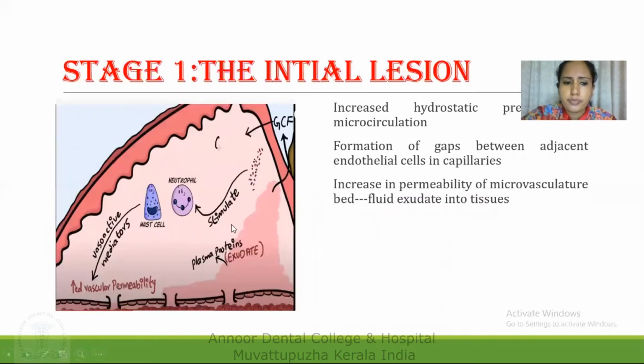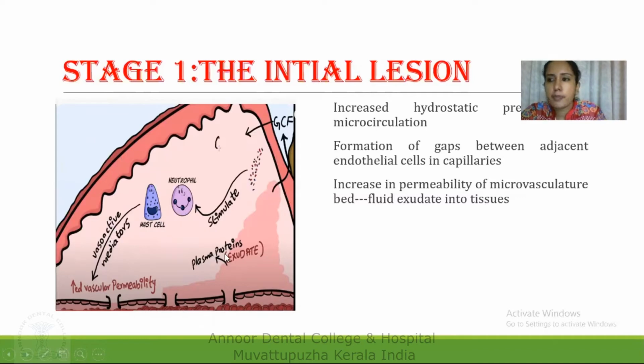Now, the vasoactive mediators, along with the vasodilatation that they cause, also increase the vascular permeability. See this picture, students. There is an increase in the vascular permeability, and that leads to the escape of plasma fluids containing proteins.